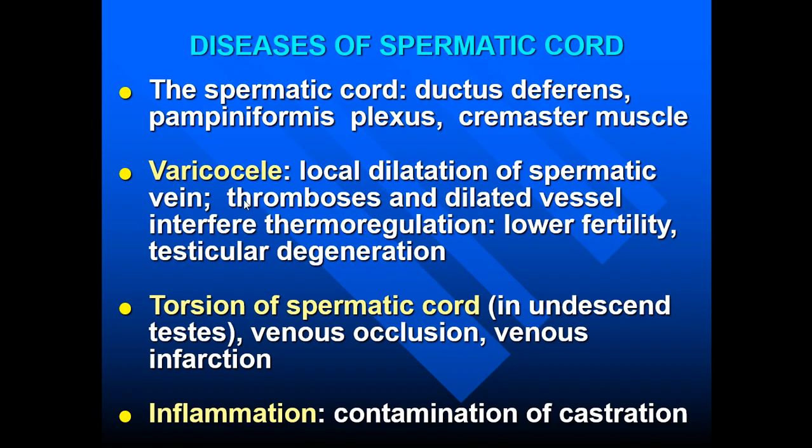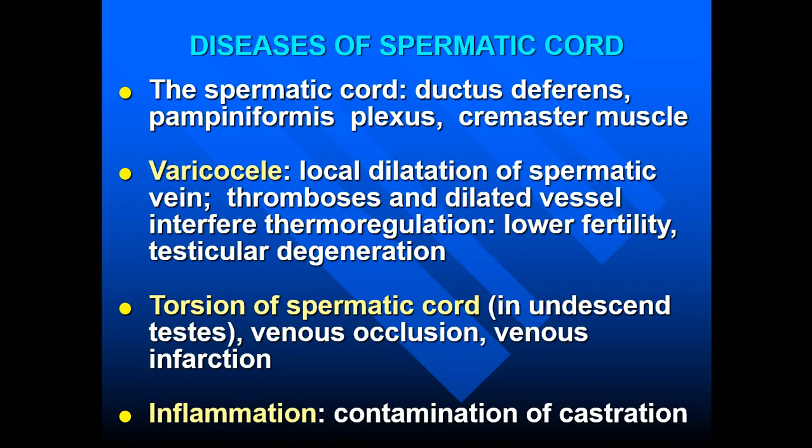This thrombosis will interfere with the thermoregulation system. As you know, the thermoregulation system in the spermatic cord is related to blood flow. Therefore, the thrombosis may affect its mechanisms.